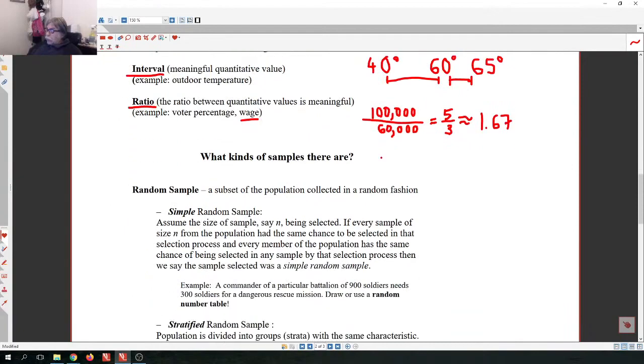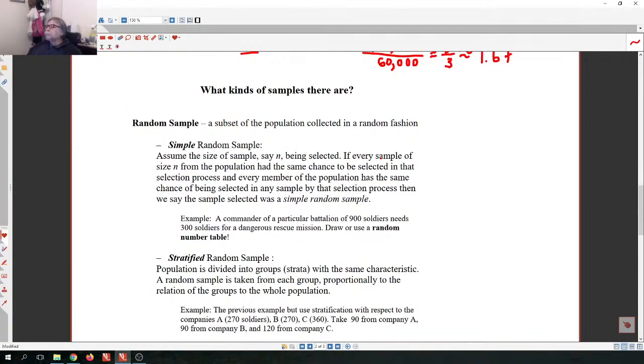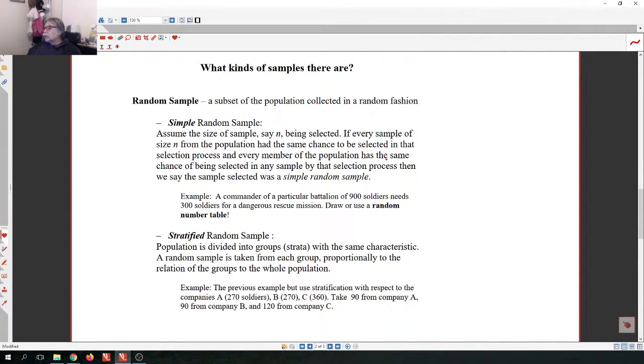Okay. Now, if you are collecting a sample, what you're trying to do is to have a sample that is representative of the population. But I already said that no matter how you collect a sample, there will always be a bias in that sample. It's an intrinsic defect of a sample, right?